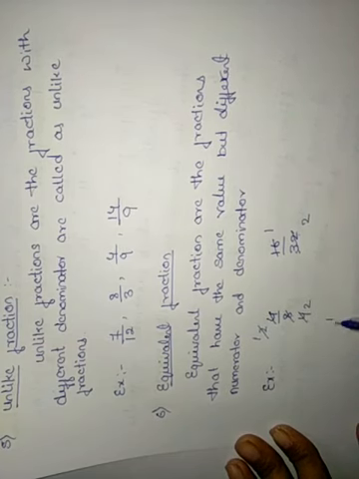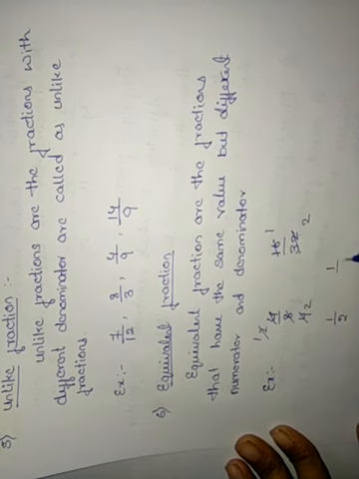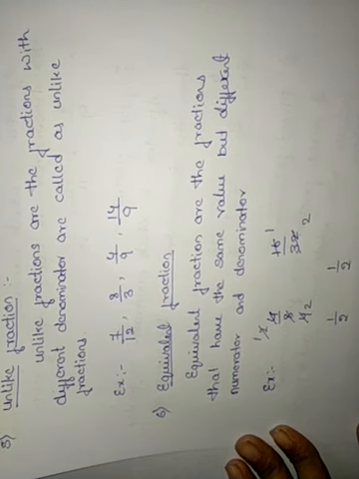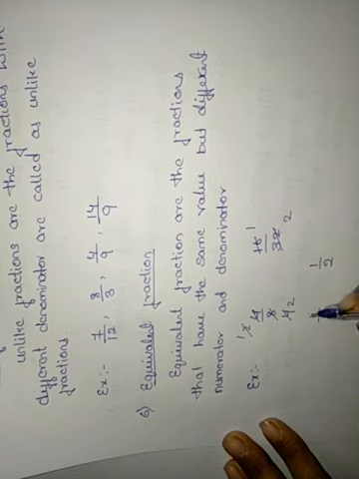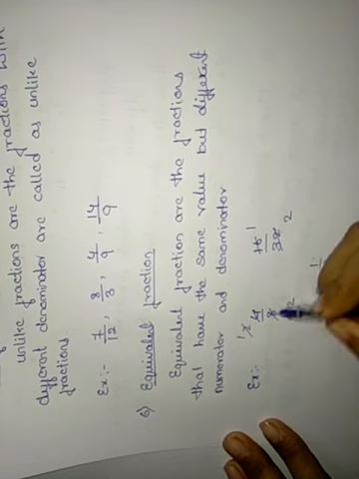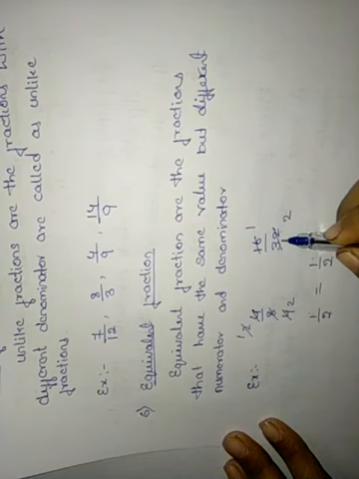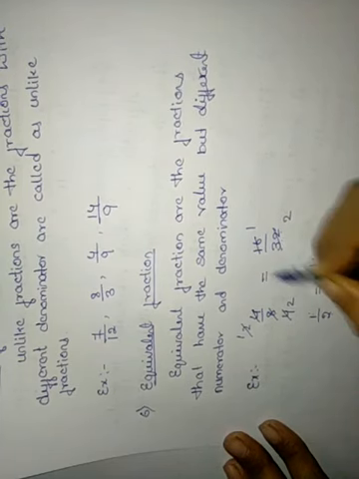Yes or no? I am getting the simplified value as 1 by 2, and here also I will be getting the value as 1 by 2 only. We are getting the simplified value equally, yes or no? That is 1 by 2 and 1 by 2. So we can say that these two fractions are equivalent fractions.